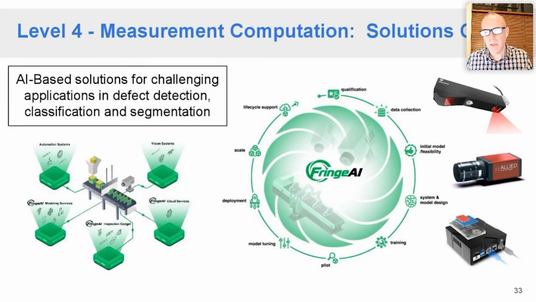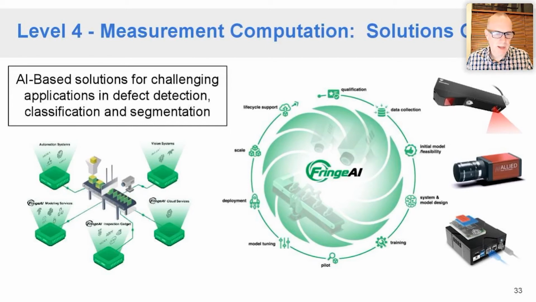This is really not using rules-based, but using the inference engines of AI, being able to teach, train, and label what's good and bad. This is often what is used for defect detection, classifying objects, segmenting objects. So things that aren't quite as defined by a concrete set of rules.